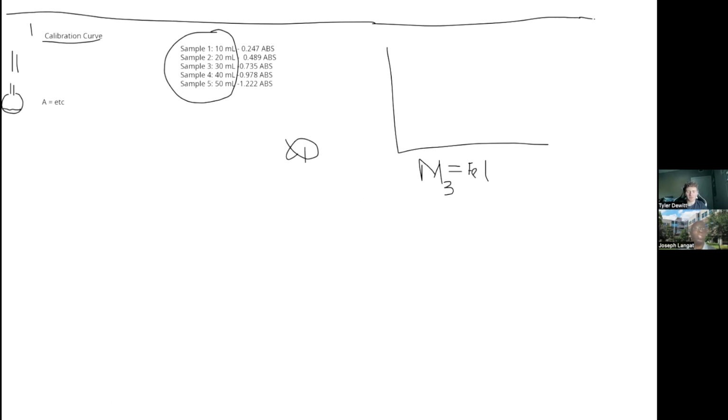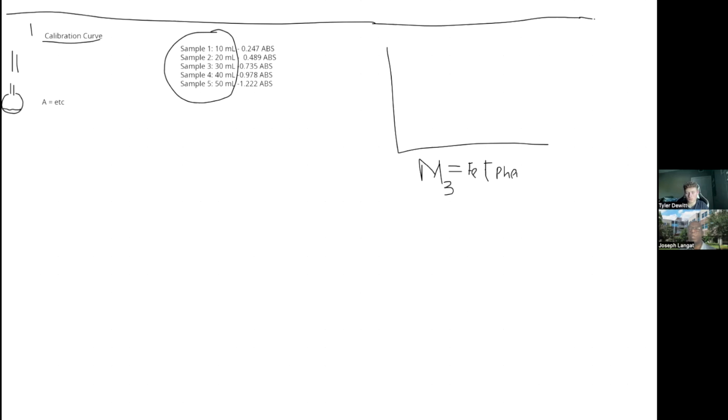So this is what I was telling you, that we need to find the molarity of the complex which was absorbing light at a specific wavelength.